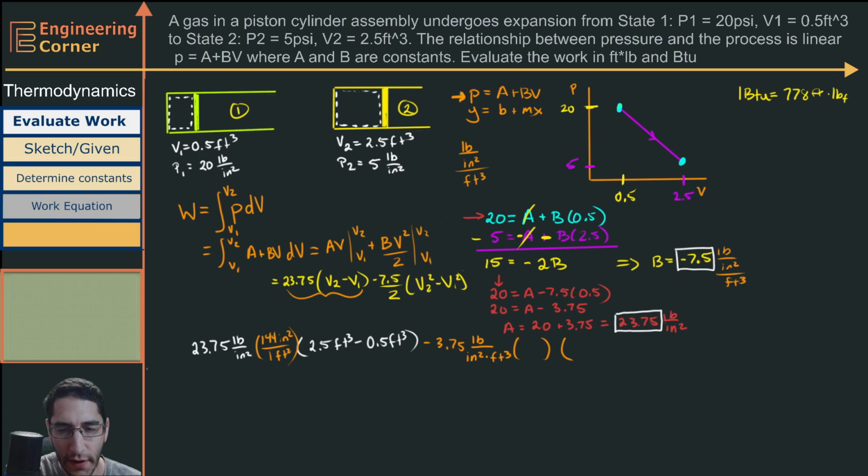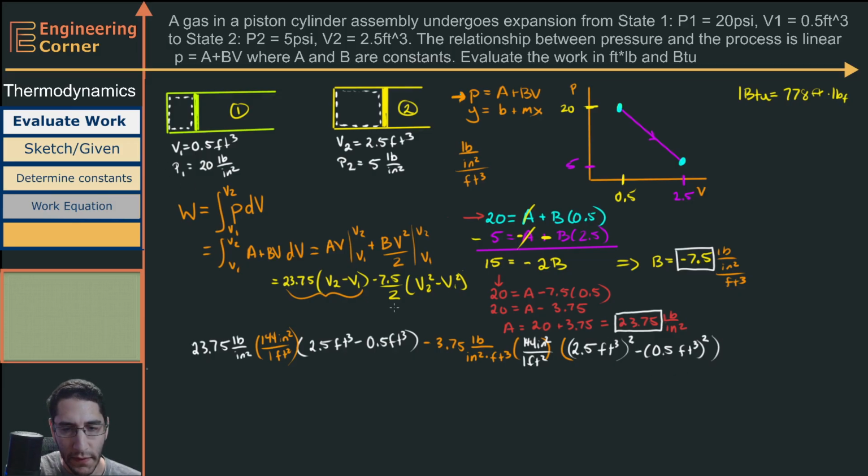So we can put that in right now. Same thing, 144 square inches over 1 square foot. And then we're multiplying 2.5 cubic feet, and this needs to be squared, minus 0.5 cubic feet, and this also needs to be squared.